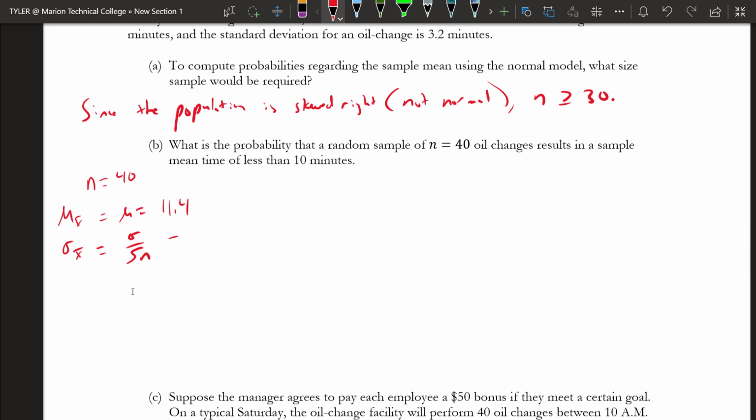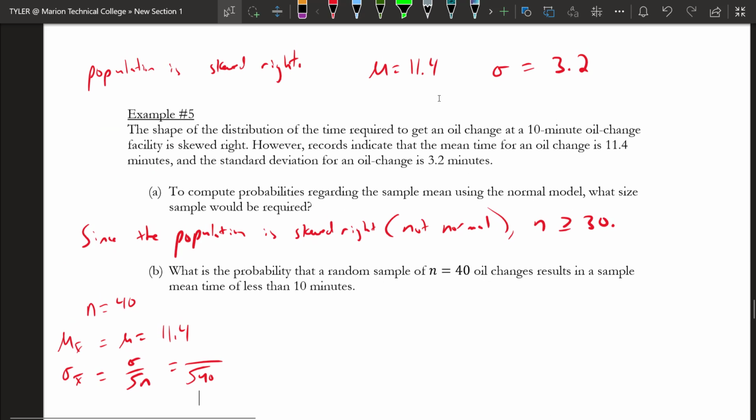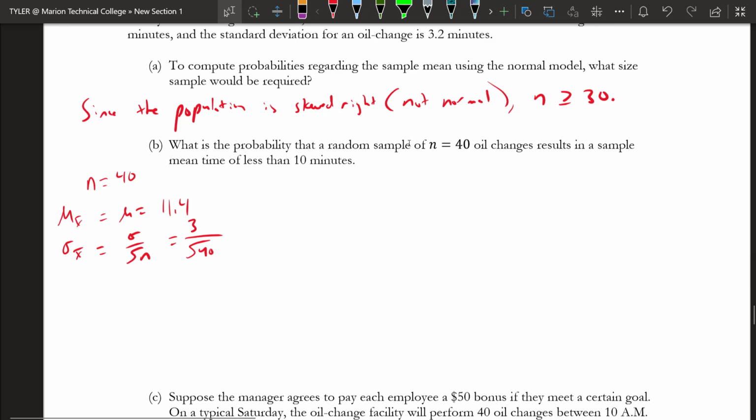So n is 40, and sigma, which is up here, is 3.2. If I round that to 4 decimal places, this comes out to be approximately 0.5060, and I put that 0 at the end because it rounds to that.